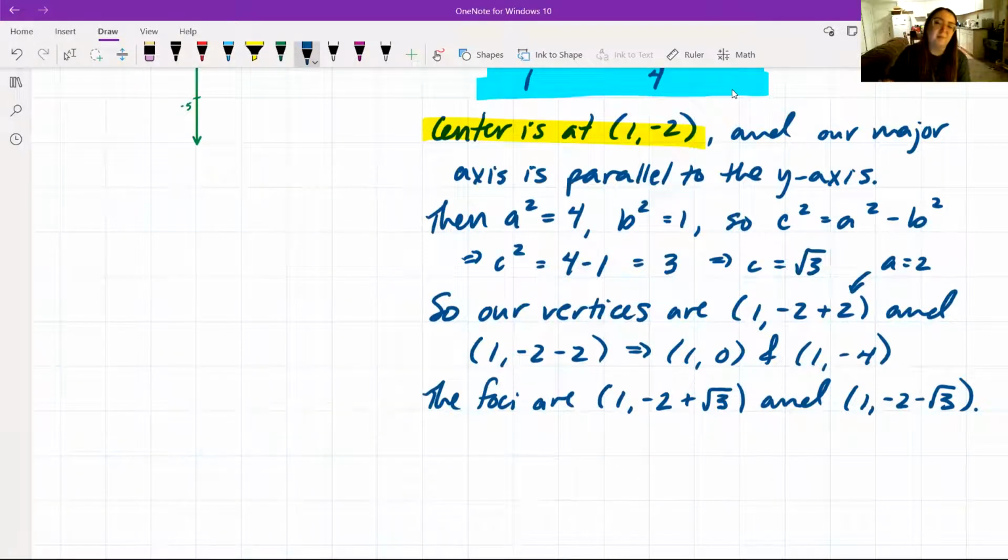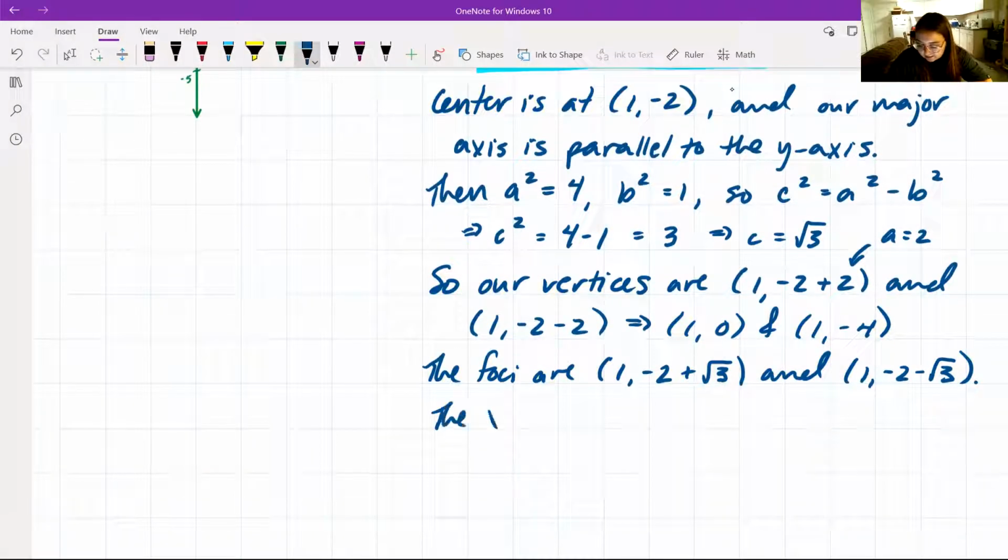And now remember, we don't have to solve for our x-intercepts in this case, but it is helpful when we actually graph. So we see then the x-intercepts are going to be h plus or minus b comma k.